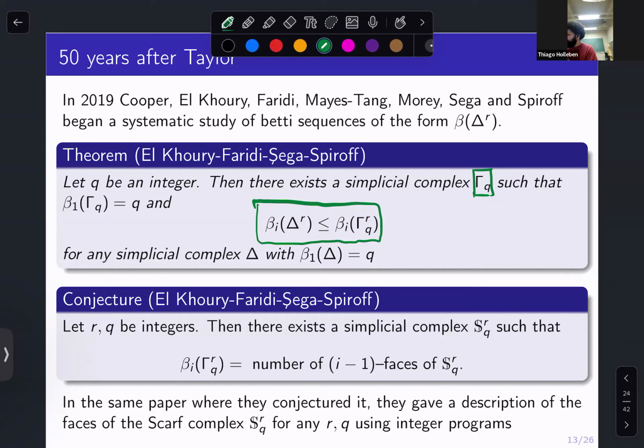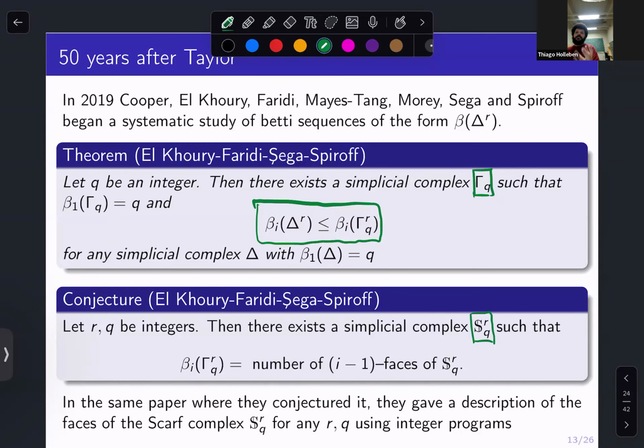But the way I stated it sounds like they didn't know what the complex was, but they actually had a complex in mind, this SRQ, which I'm going to define in a couple of slides.